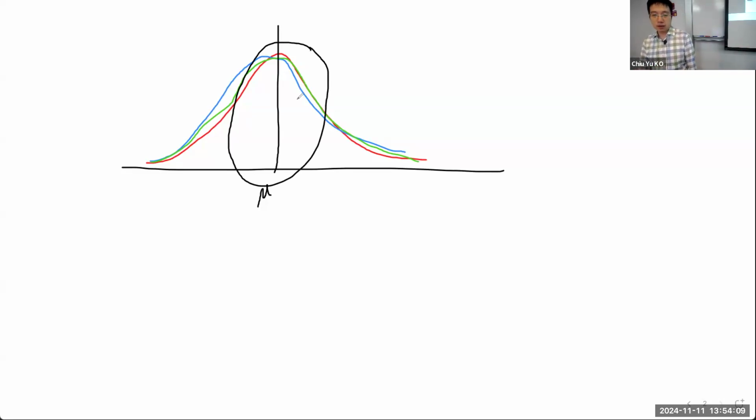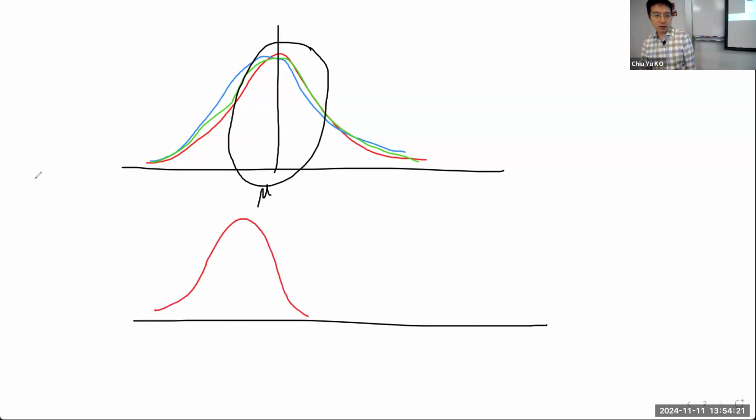But if they're not the same, suppose the case is like this. Red, blue is here, and green is here. Now let's consider the following case.